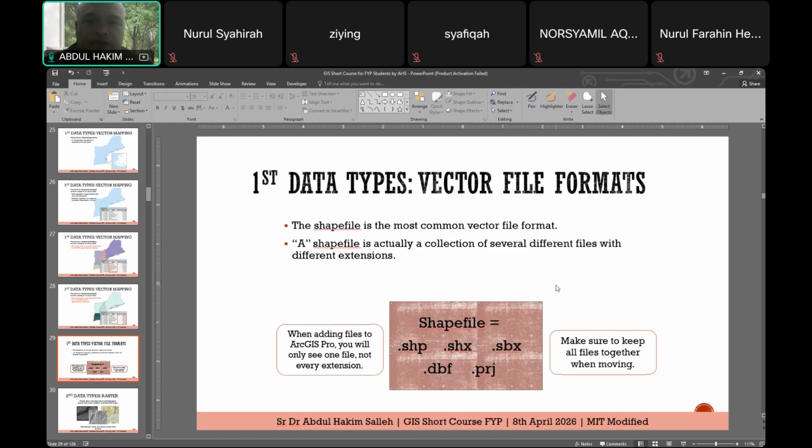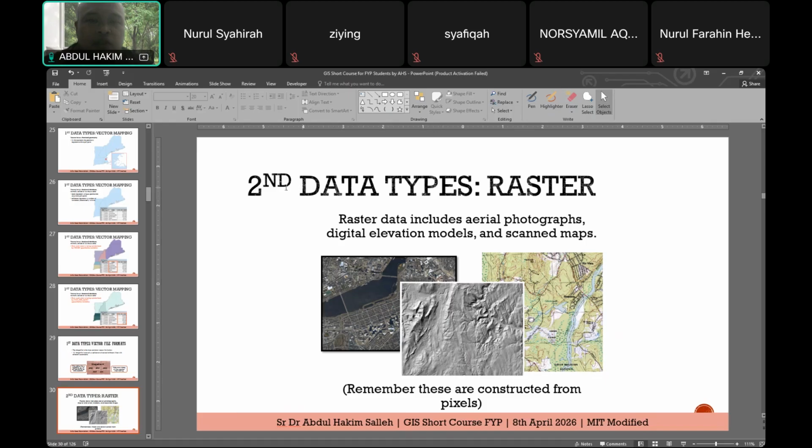Now, the second type of data, of course, is the raster. Okay, raster includes aerial photographs, whether from a commercial aircraft or from drones. It can also be digital elevation models, heights like this one, and it can be from scanned maps like this one.